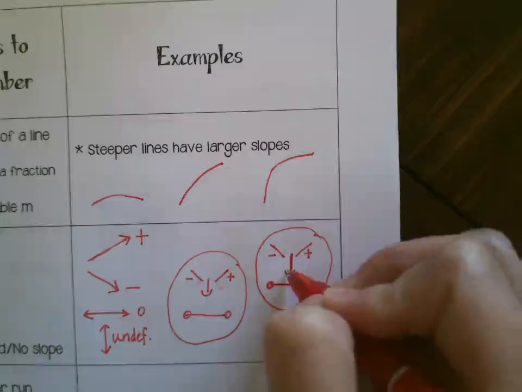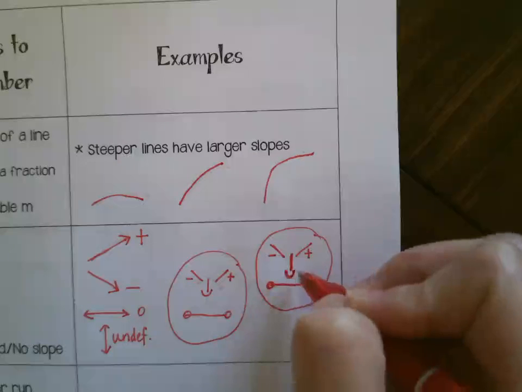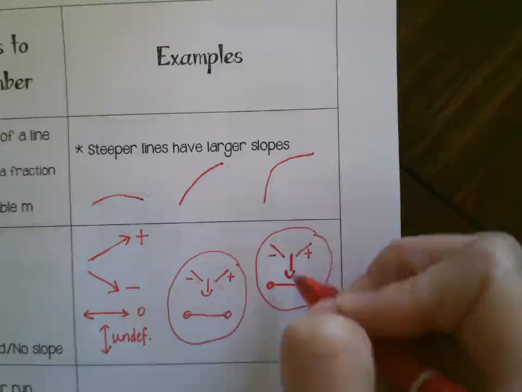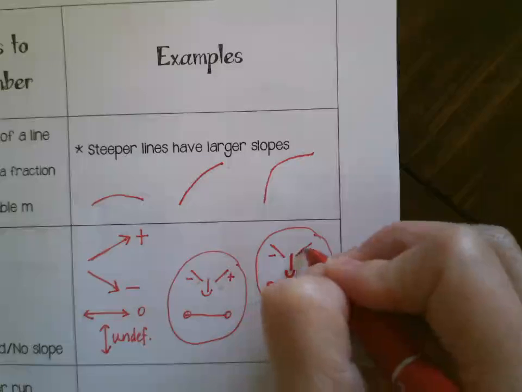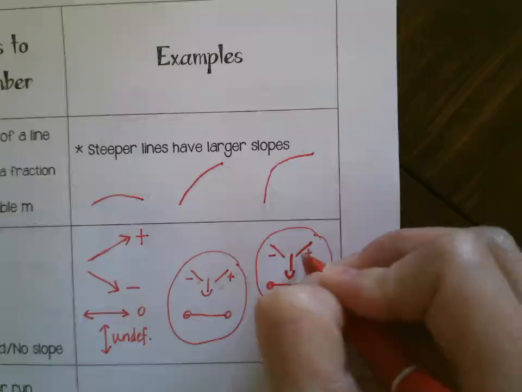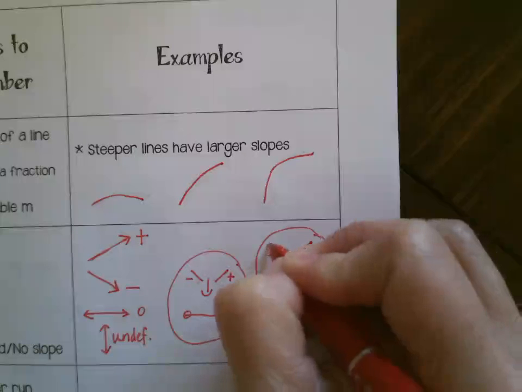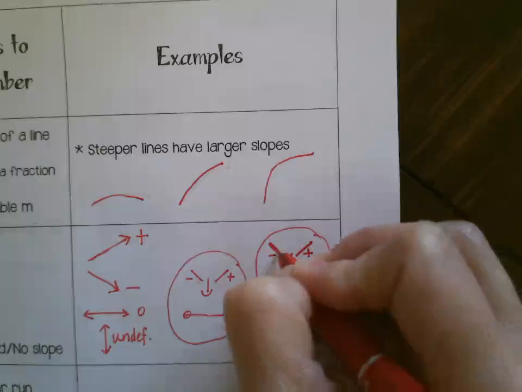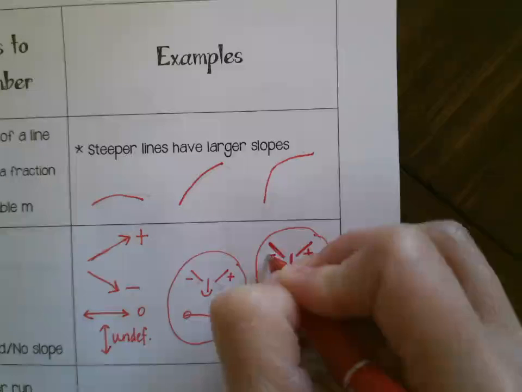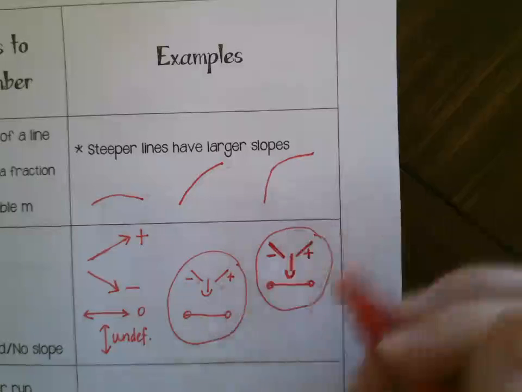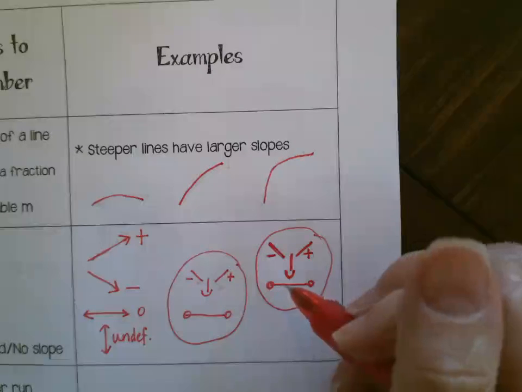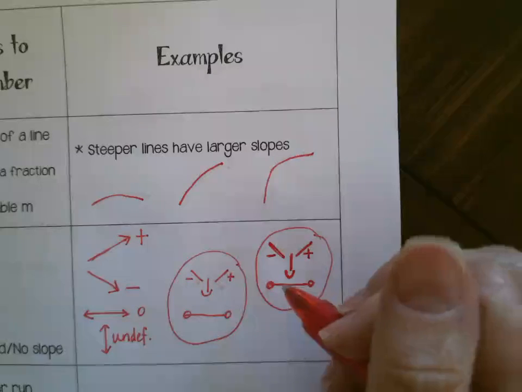His nose is undefined, so that's the U to remind you that that's an undefined slope. When his eye goes up to the right, it's positive, and when it goes down to the right, it's negative. So that's another way that might help you remember slope.